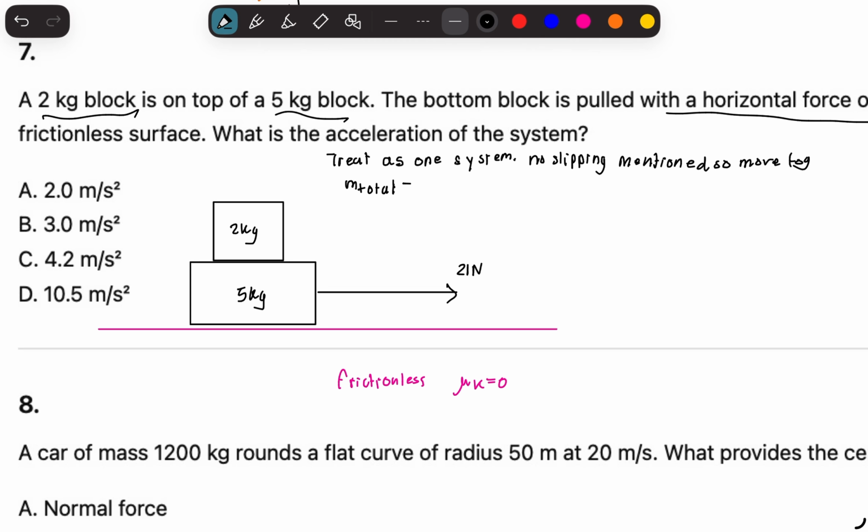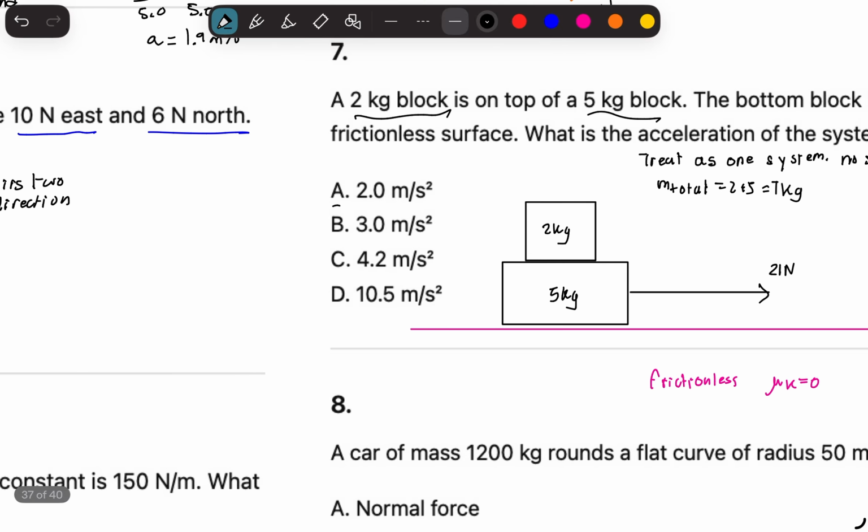That's equal to 2 plus 5, which is 7 kilograms. Now you just use Newton's second law, and you solve for A. So that's equal to 21 over 7, which is 3.0 meters per second squared, which is B.